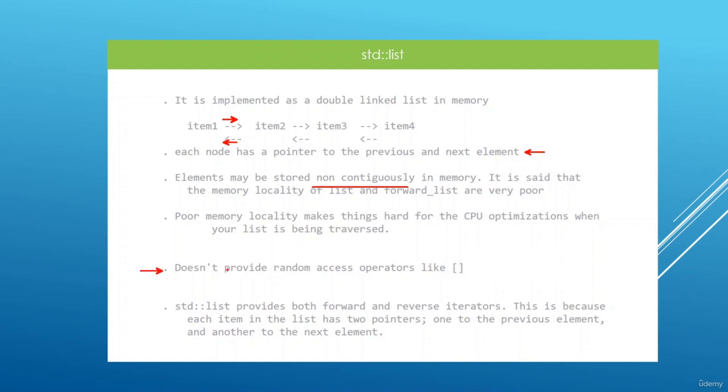std list, just like std forward list, doesn't provide random access iterators, so we don't have access to the array index operator if you use std list or std forward list. Because we have backwards pointers, it is possible to have reverse iterators with std list, so this is an improvement on std forward list, which could only move forward.